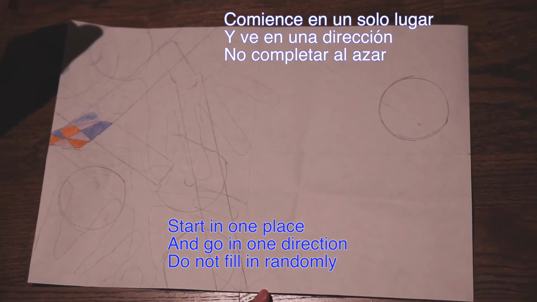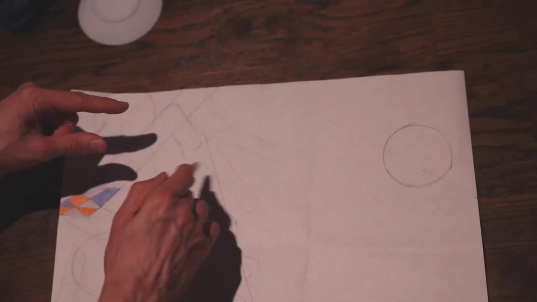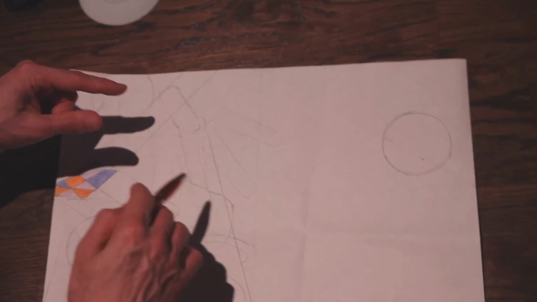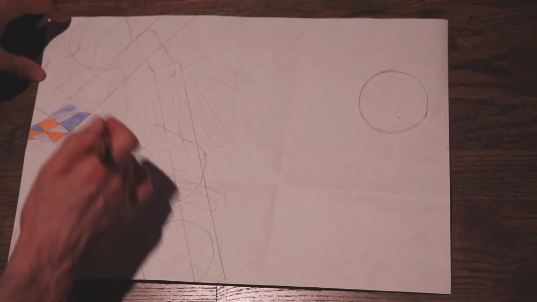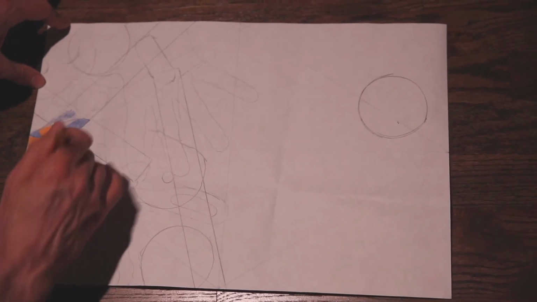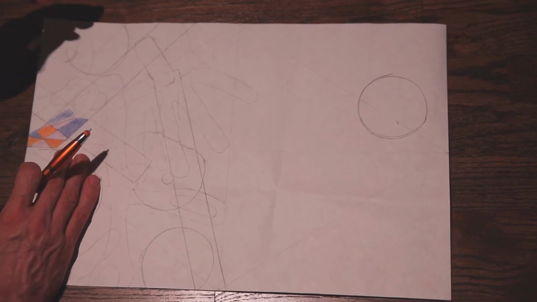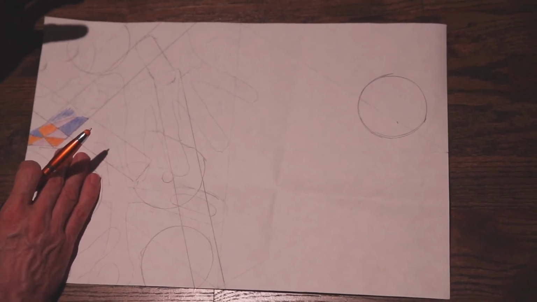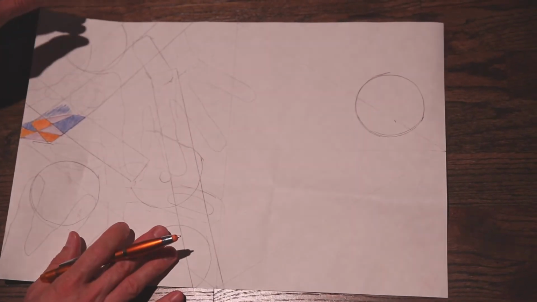hot mess in many ways, because you won't be able to switch up the colors like you want, and it'll just look off. So, as I said, I would suggest that you start in one location with 3, 4, or 5 colors, and then you just go gradually across.